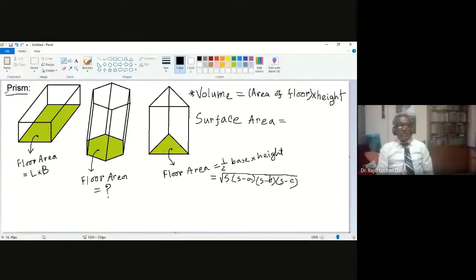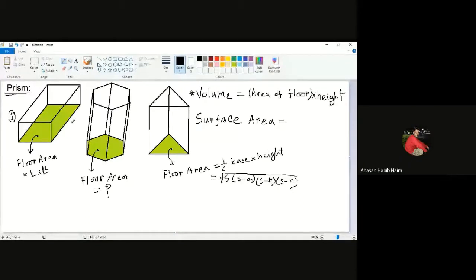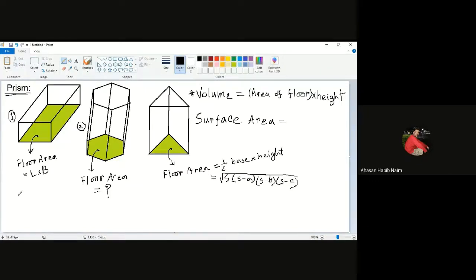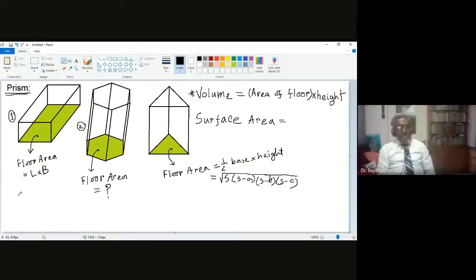How many surfaces do you have in figure 1? How many sides? That will be how many surfaces.